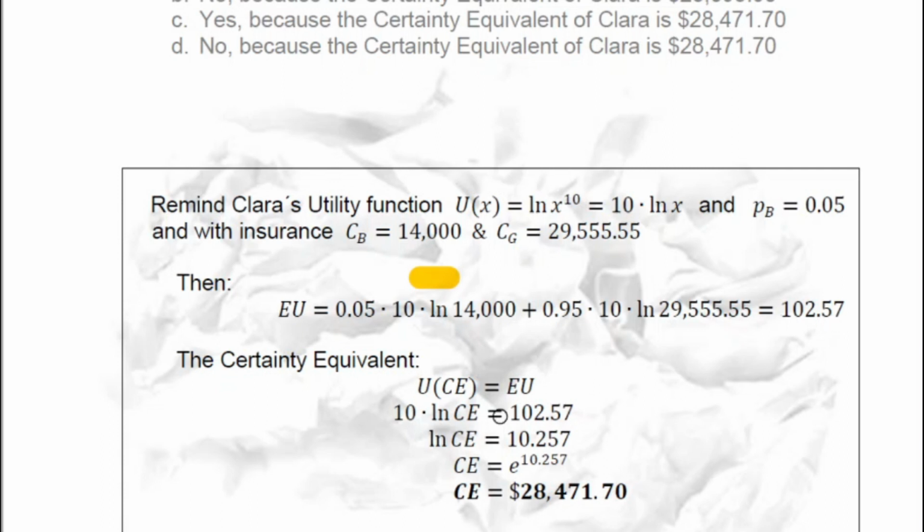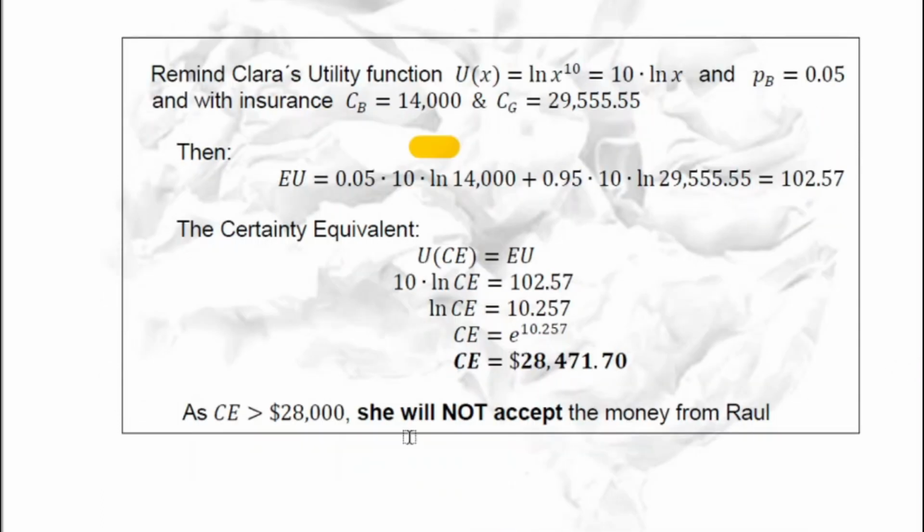102.57. Then we calculate the certainty equivalent with the same steps. The utility of that certain money equal to that expected utility level we found, and by isolating CE we find that the number is $28,471.60. Again here I have the mistake.